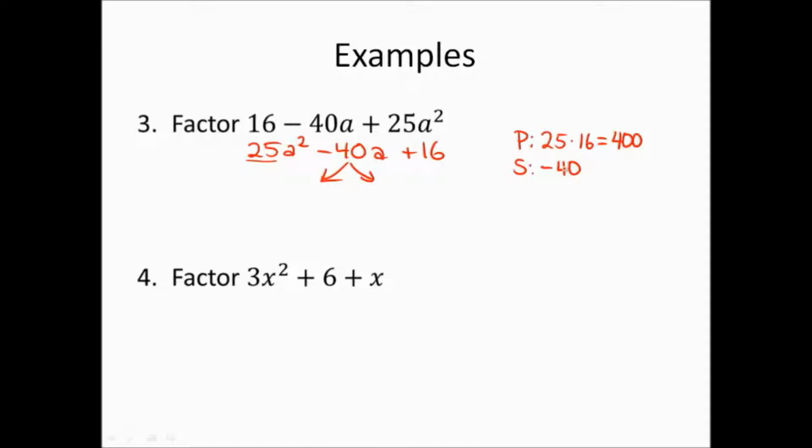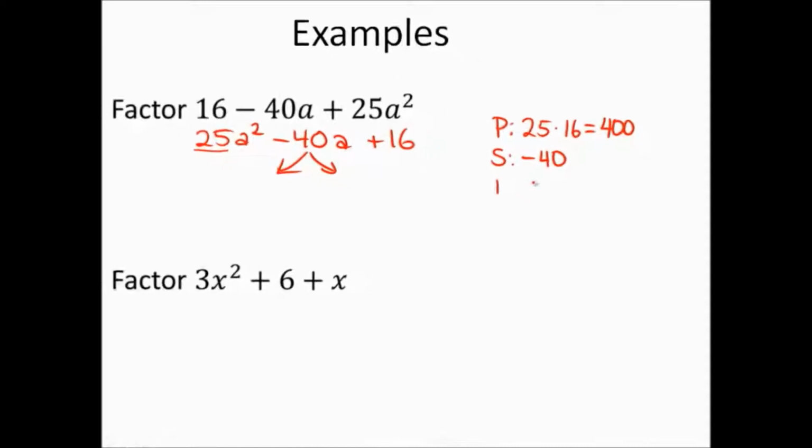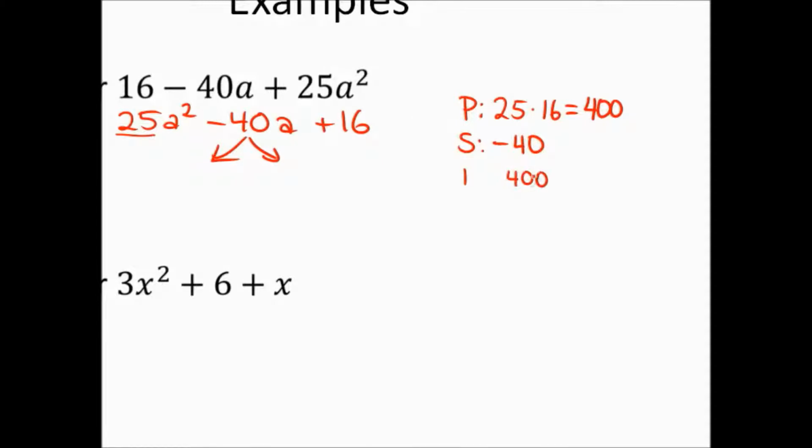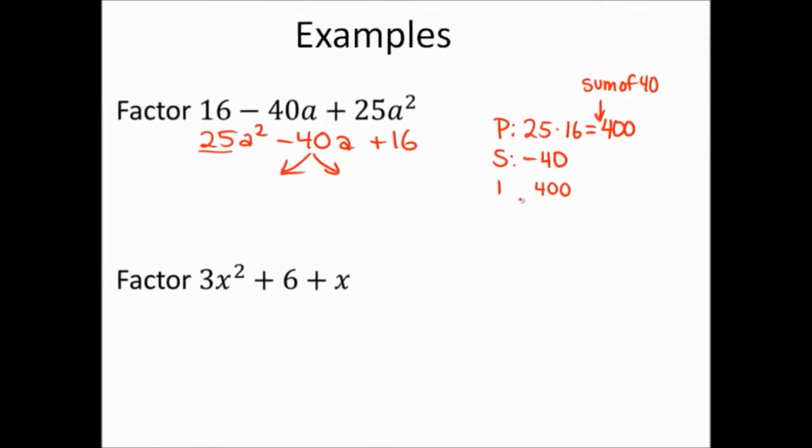So we need to think of two numbers that multiply to 400 and add up to negative 40. If you're not sure right off the bat, you can go systematically and write out all the ways of multiplying to 400 until you see that because the product is positive, we're looking for a sum of 40. So two numbers that add up to 40.